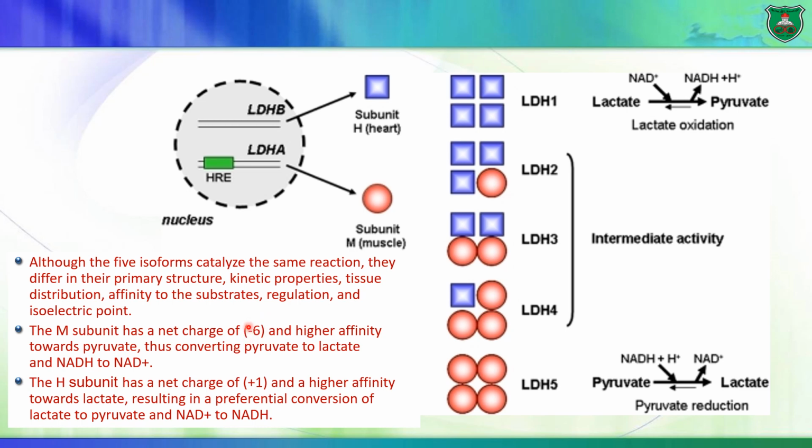Okay, so it is overall negatively charged, and it has higher affinity towards pyruvate, so it binds pyruvate with higher affinity. Okay, on the other hand, the H subunit has a net charge of +1. It has higher affinity towards lactate, so it preferably converts lactate to pyruvate and NAD to NADH.